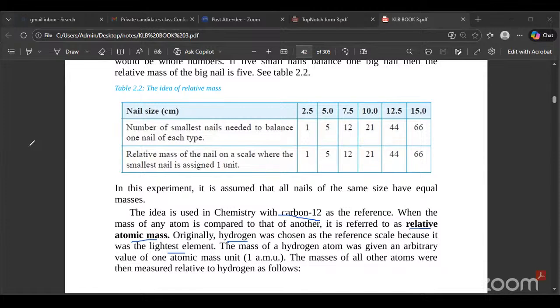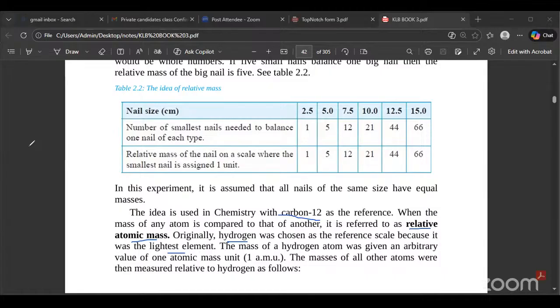So the relative atomic mass, relative. We are giving a relationship between two. You know the meaning of relatives. You have relatives, so you are related. There is some blood that you share. So relative means we are comparing two things.